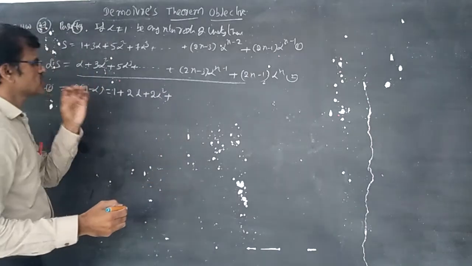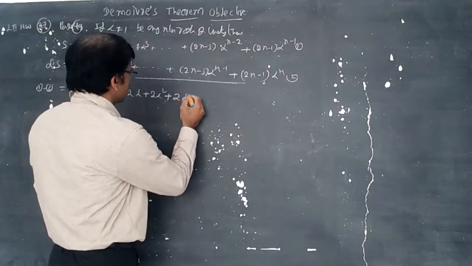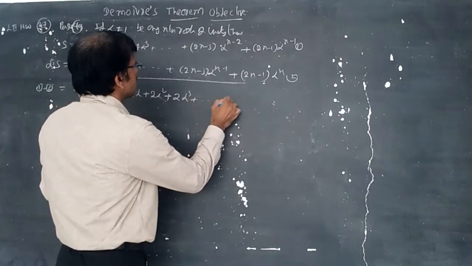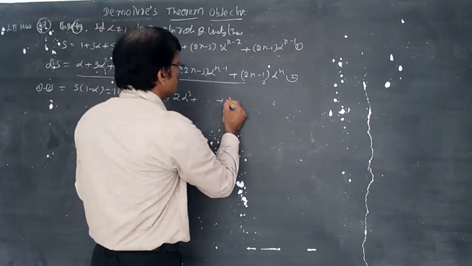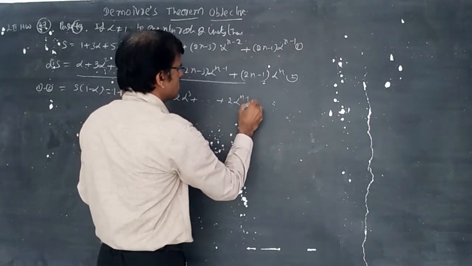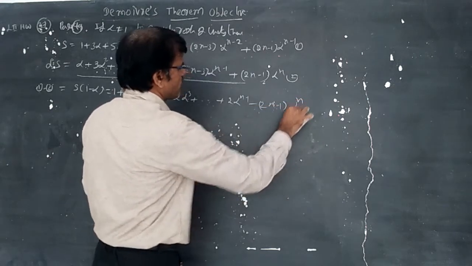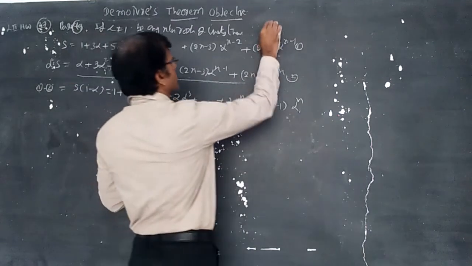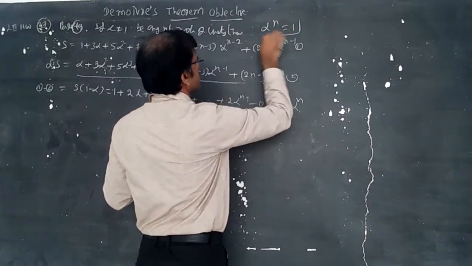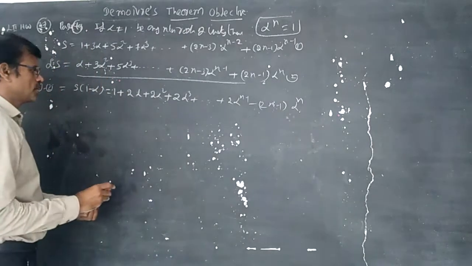Yeah, 2 alpha square plus 7 alpha cube minus 5 alpha cube, 2 alpha cube plus at last this is 2n minus 1 minus 2n plus 3 becomes 2 into alpha power n minus 1 until here it is okay, minus 2n minus 1 into alpha power n. Alpha power n becomes 1 because alpha is nth roots of unity, alpha power n is equal to 1, alpha is equal to 1 power 1 by n.